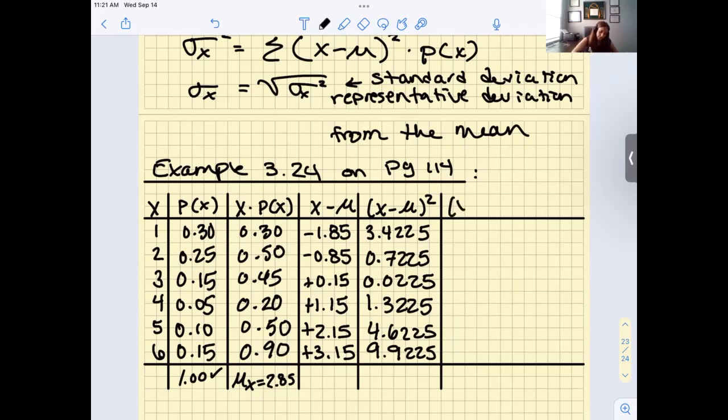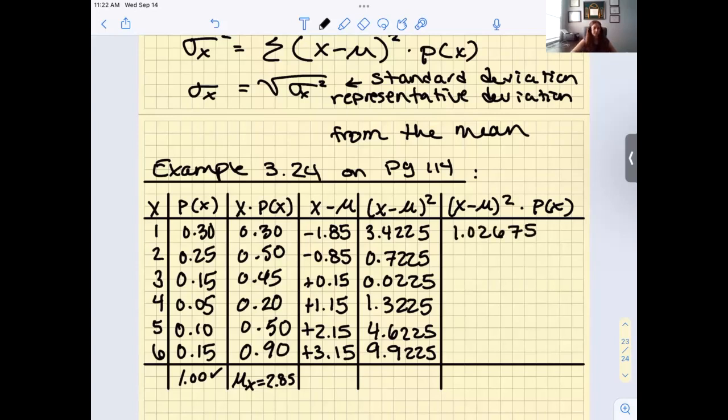Okay, after we've done that, we're going to take the value that we just got from that column and multiply each value by the probability of them occurring. So I'm going to take my column that I just got and multiply by that P of X column. So 30% of 3.4225 is 1.02675.